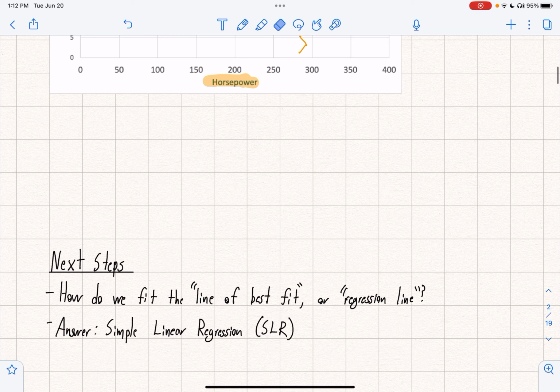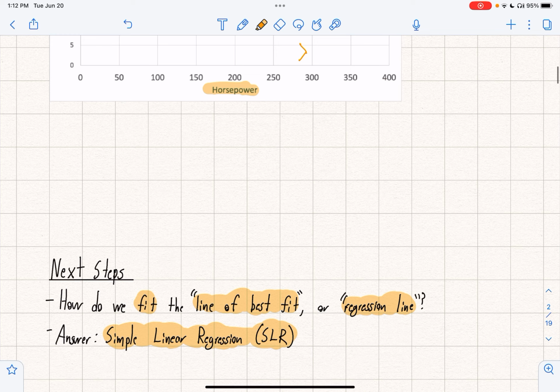So the way we're going to answer that question, how do we fit, or how do we create this line of best fit, or what we're going to end up calling it, the regression line? And the answer is simple linear regression. And this is the topic for this chapter, chapter 13. So we're going to explore this concept throughout the rest of this chapter.